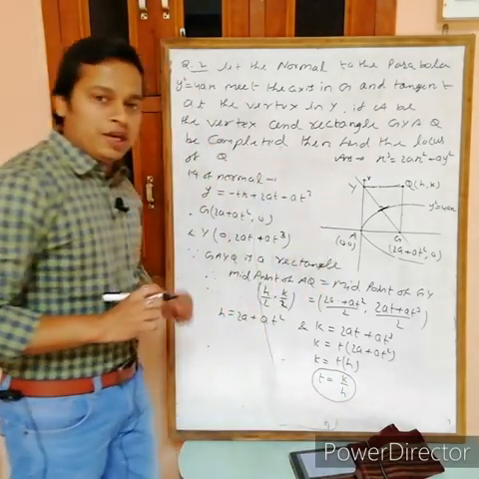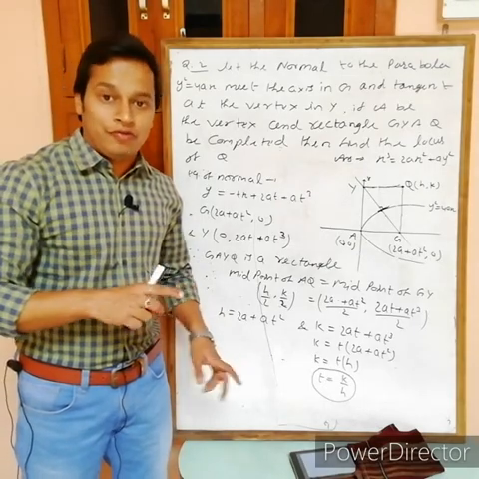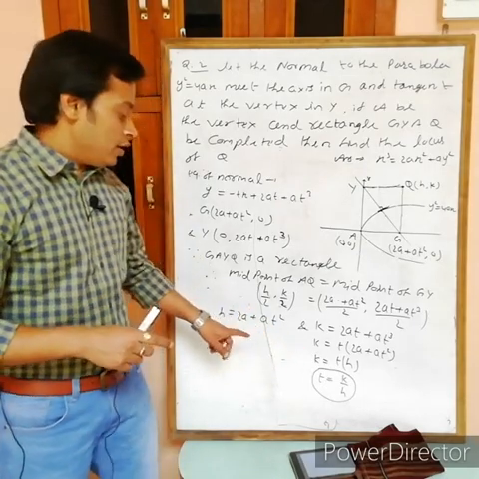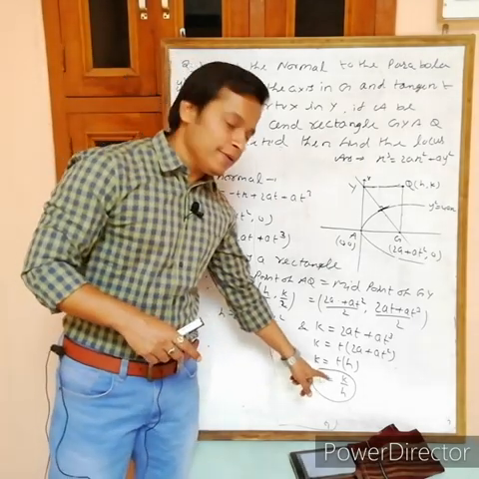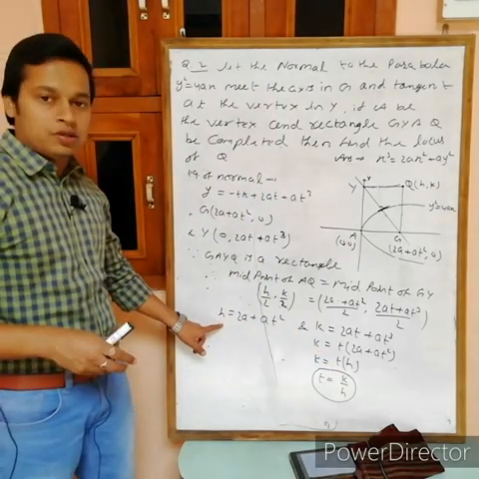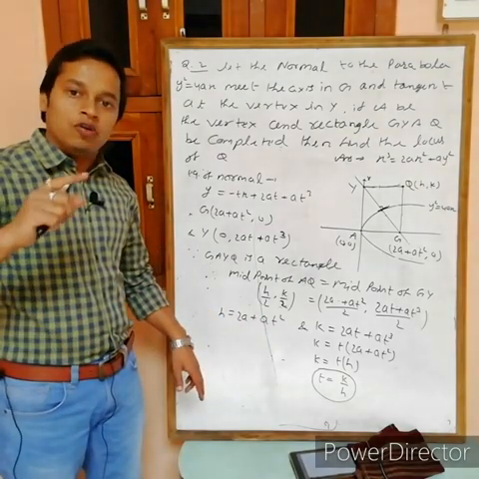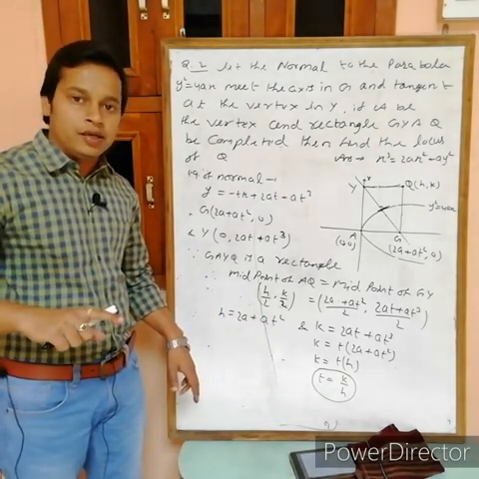We want the relation between h and k without t. So put this value in this equation. If you replace t with k by h, then you will get only a relation which contains h and k.